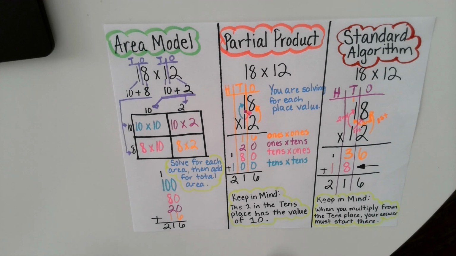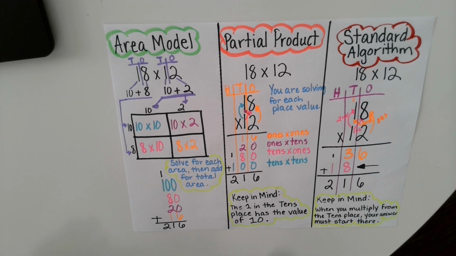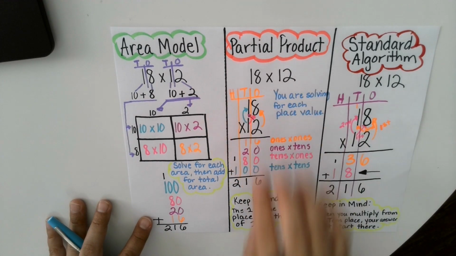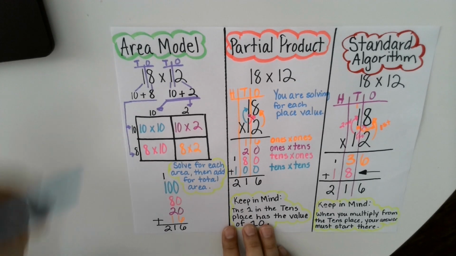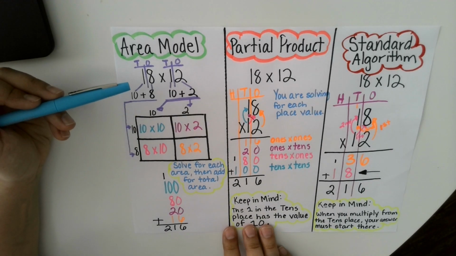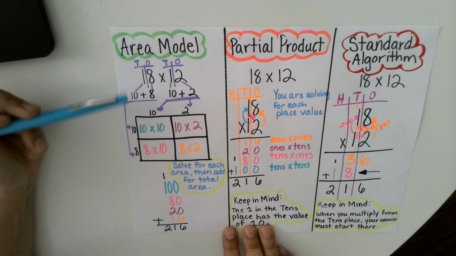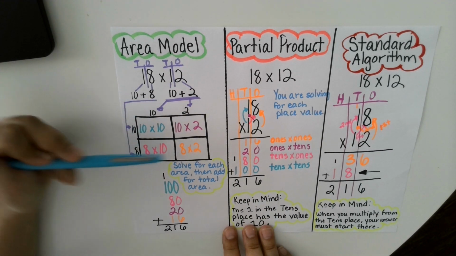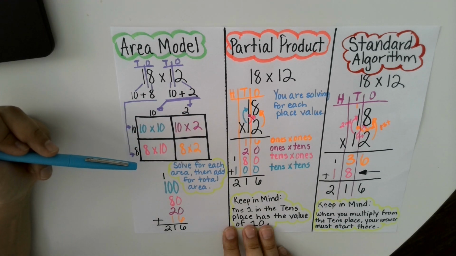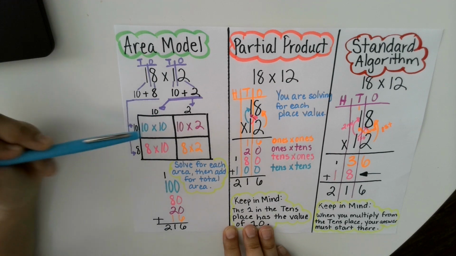So if you looked at that first problem on that first page, it is 18 times 12. What does that equal? When we look at the area model, we use it because we are solving for area. And we know area is length times width. So when we draw out our area model, we are just drawing a large rectangle where we are solving length times width.